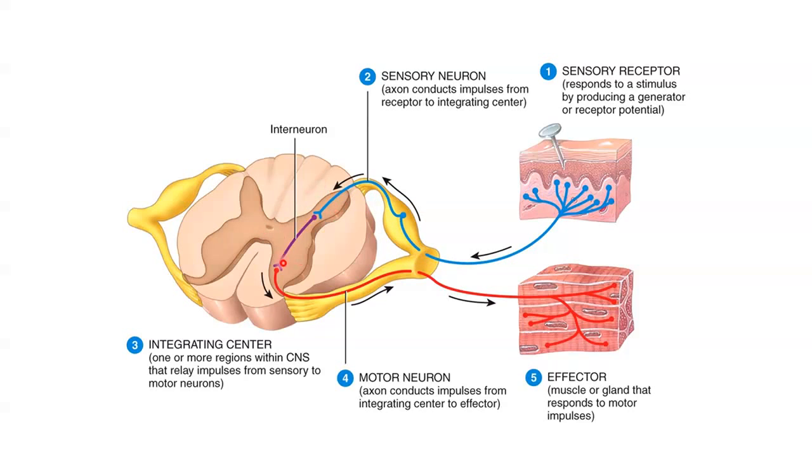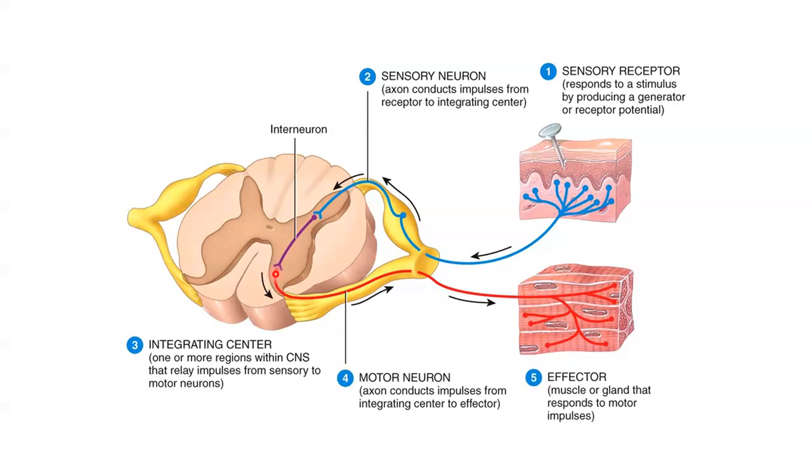Third, we have our integrating center, so our integrating center down here. This is an area of grey matter within the spinal cord. In a simple reflex, it might be the synapse between a sensory neuron and a motor neuron. In a more complex reflex, there might be an interneuron, so that's what we have here, just a neuron in between our sensory and our motor neuron.